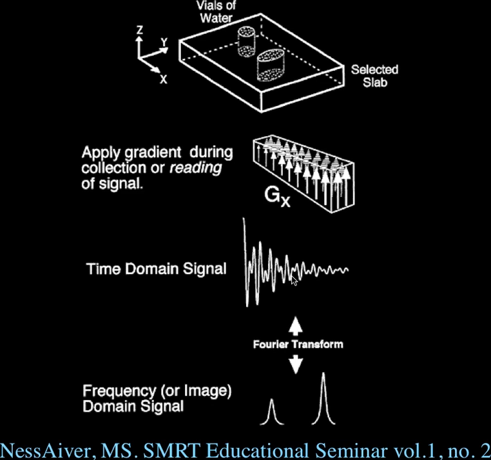But if we Fourier transform that, and the Fourier transform just takes a complex signal and divides it into the amount of signal in each frequency band, we get a little bit of frequency from this beaker and a lot of energy from that beaker. And if we know exactly what the gradient is, we can tell exactly where these two beakers are located. And that's the signal from the two of them. So this is how you get frequency encoded information.